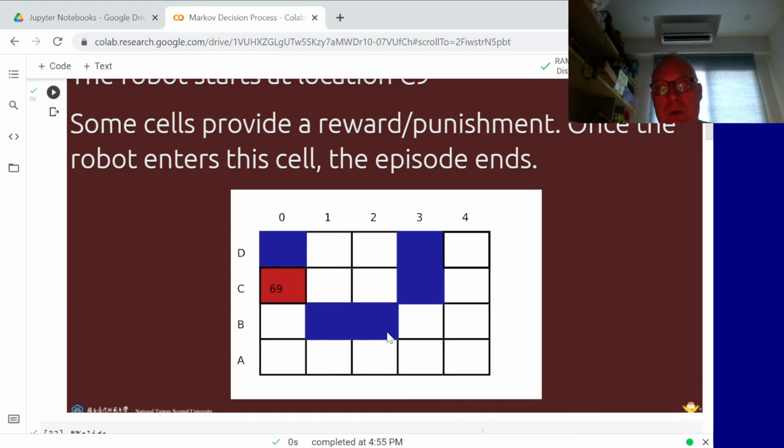When you look at the grid world, you think the state of the agent should just be the row and column that the robot is currently in.